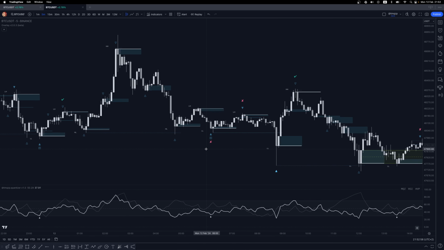Another thing in terms of the tooltips, right? You can see if there's an X or a tick box like this, the tooltip of the triangle gets overwritten. So now it just says SD high reclaim confirmed.